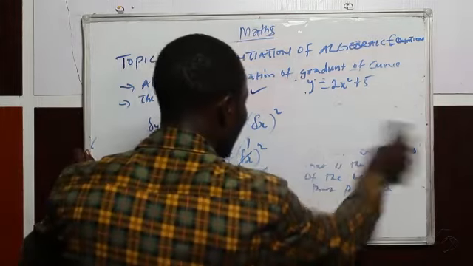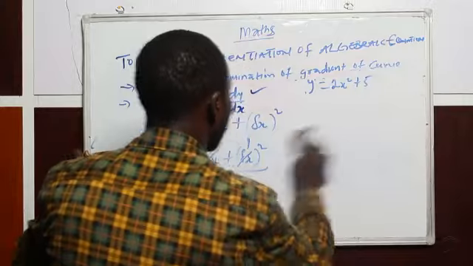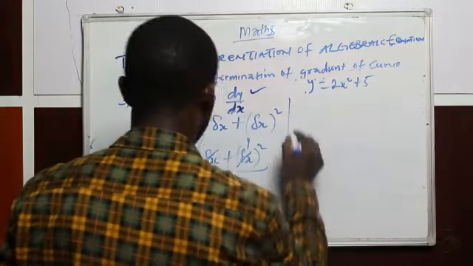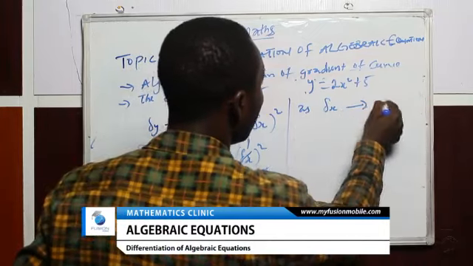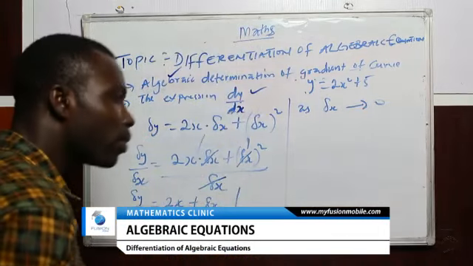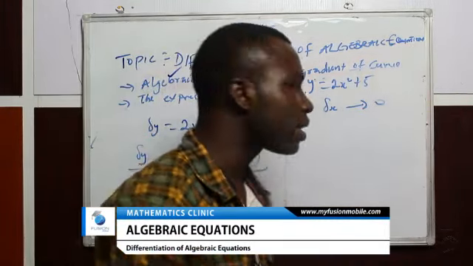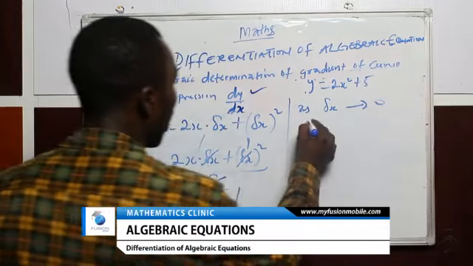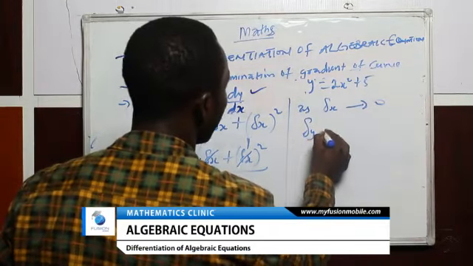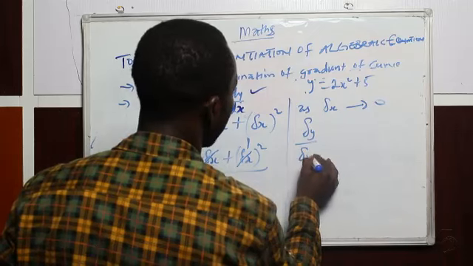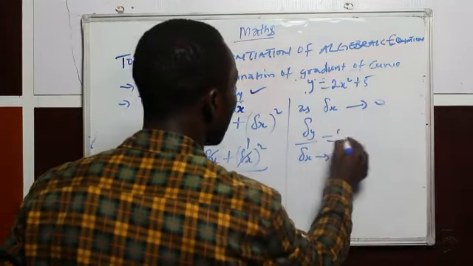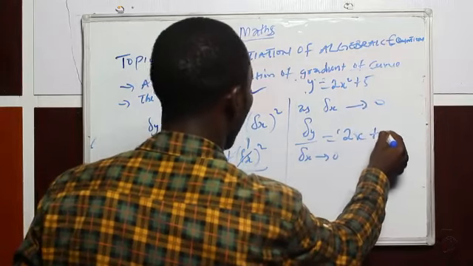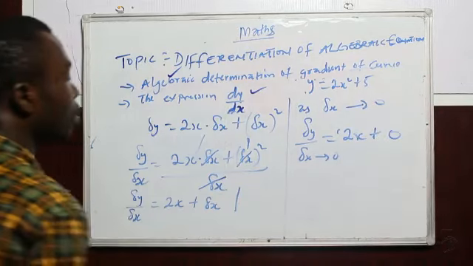The ratio of Δy to Δx is equal to 2x plus Δx. Now, as Δx is approaching 0, what will happen to Δy? As Δx is approaching 0, we now have Δy over Δx equal to 2x plus 0.